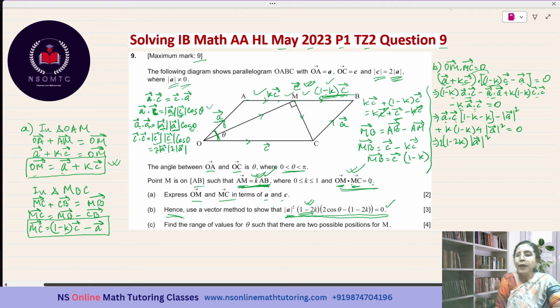And of course, this time we are having the cos theta part. Minus the magnitude of the a vector whole square plus 4k minus 4k square times magnitude of the A vector square is equal to 0.